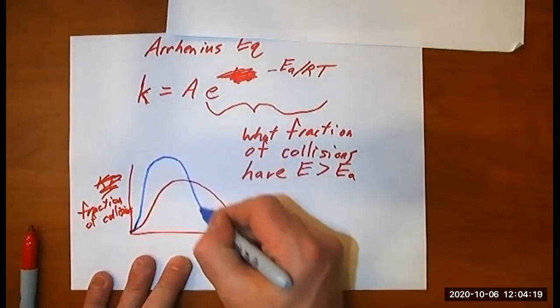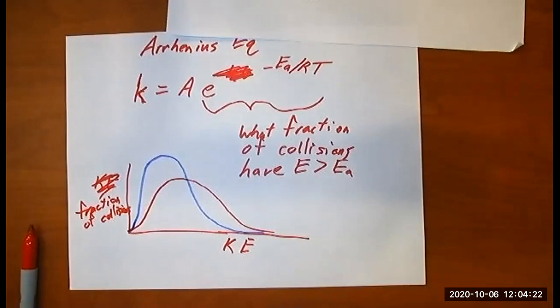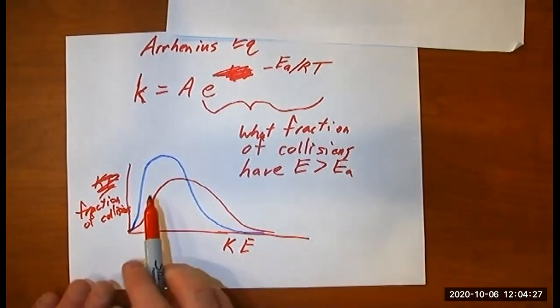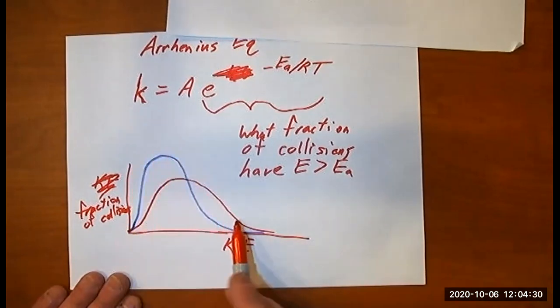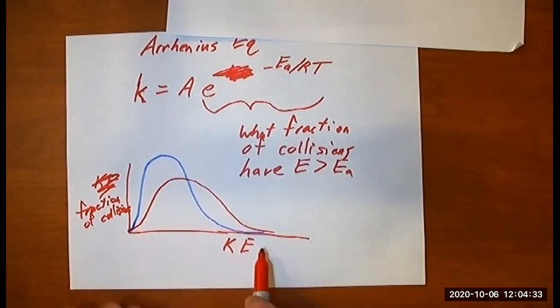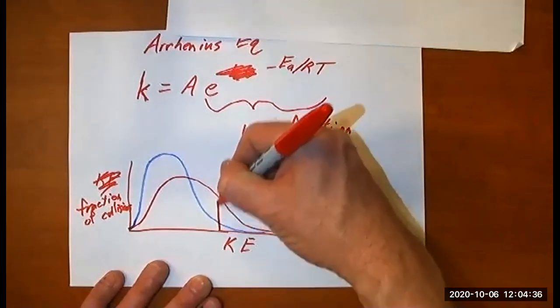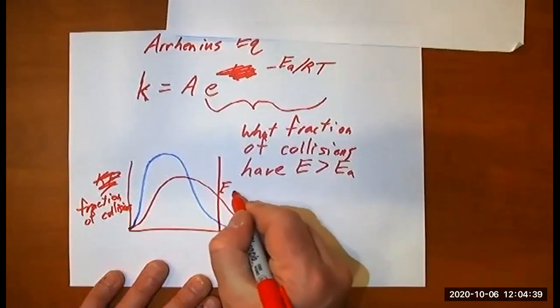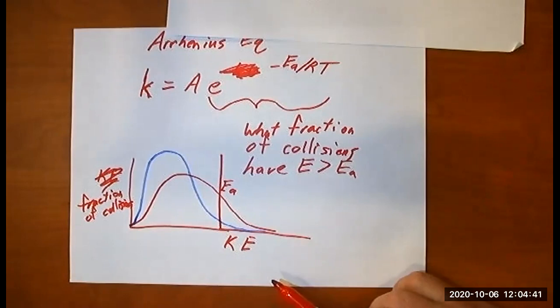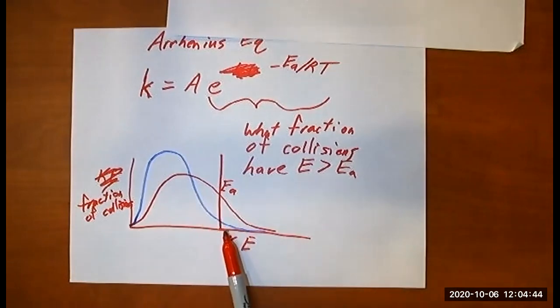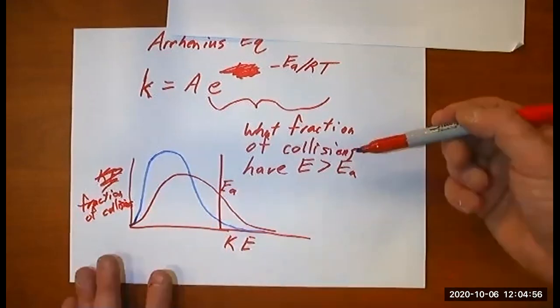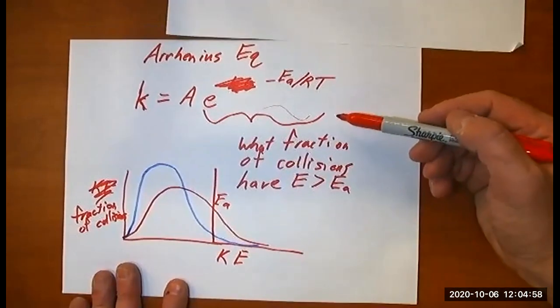I picked these because blue is generally thought of as colder, red as warmer. So this corresponds to a cold temperature, the red to a hotter temperature. And then there is some threshold energy, which we are calling Ea, for the reaction to happen. At different temperatures, we have a different fraction of the collisions that have an energy in excess of that threshold. So this part of the Arrhenius equation is telling you that fraction.